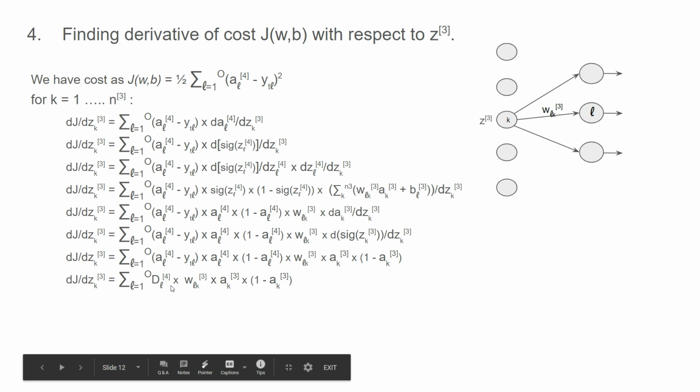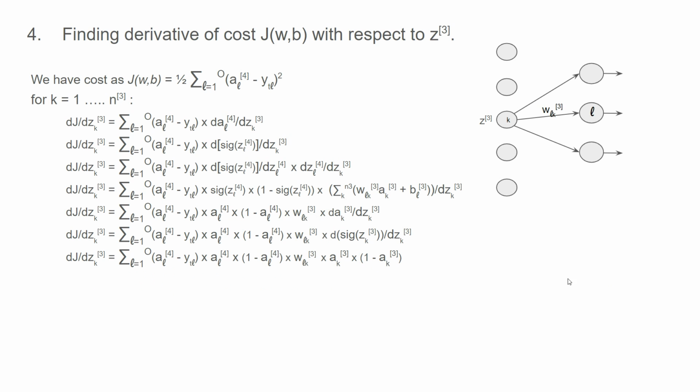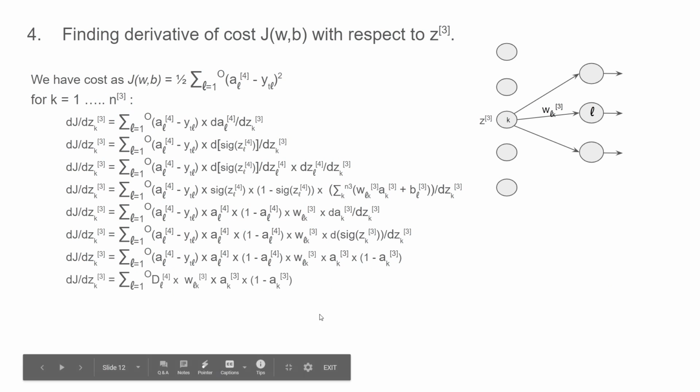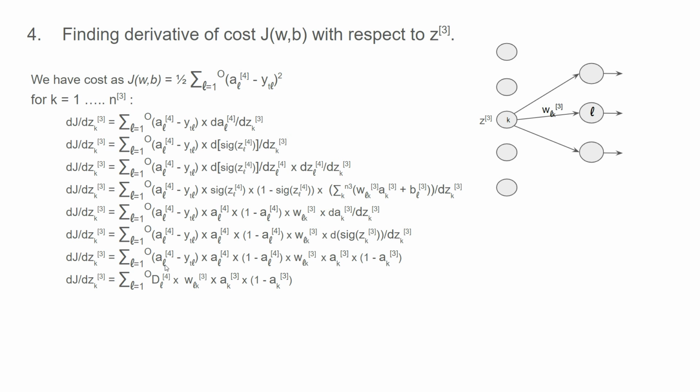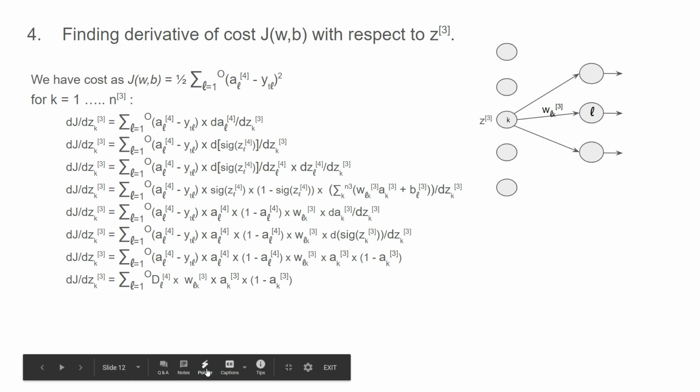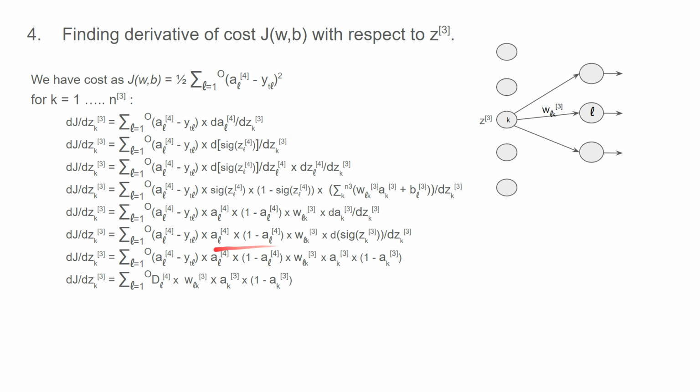In the next step, we have assumed that this whole term, from (al4 minus ytl) to (1 minus al4), is denoted as dl4.